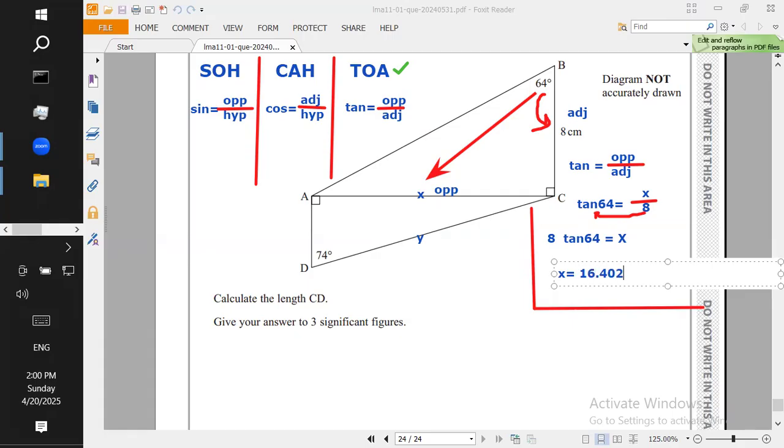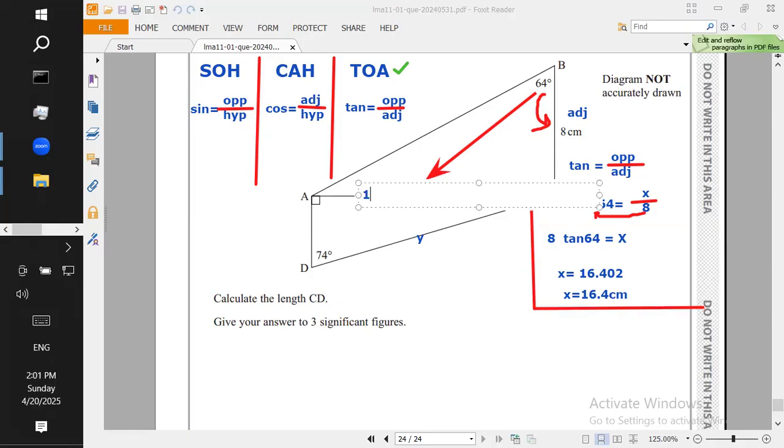And when you round this to 3 significant figures, it's going to be 16.4. So x equals 16.4 centimeters. And this is the first step. So we found the value of x, which is 16.4 centimeters.